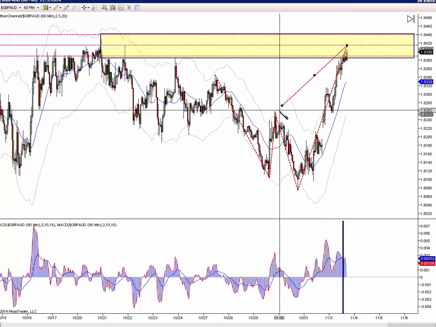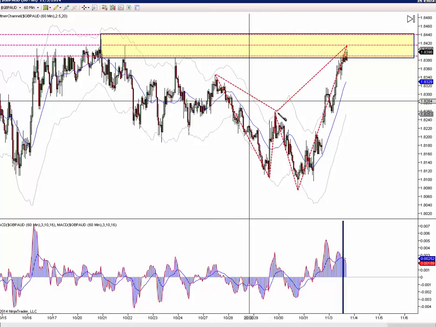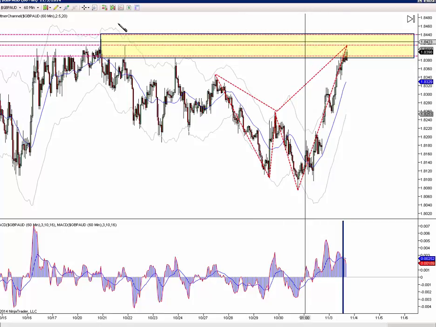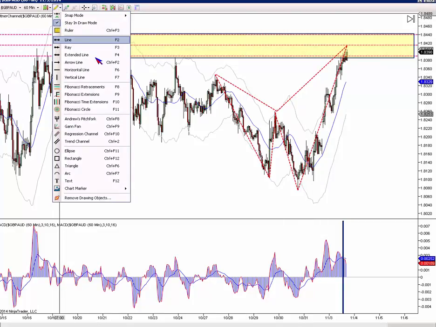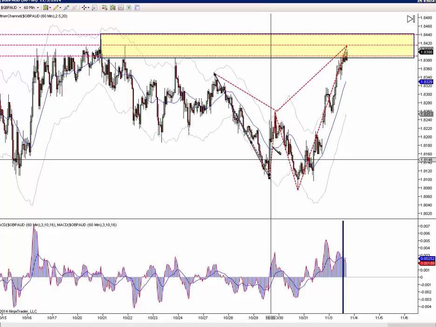So if I look at this in regard to a pattern, we see what is starting to form up here. It looks like a big shark pattern. So if I draw in, conceptually, I draw in the triangle.